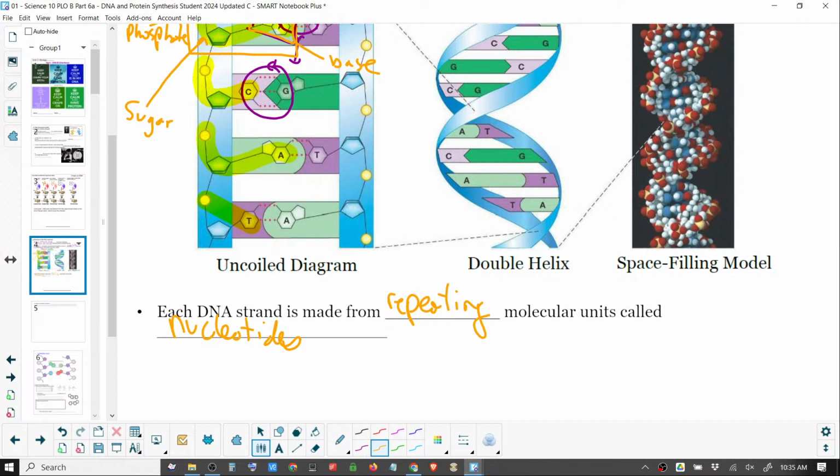The sugar's the same, the phosphate's the same, the base changes. That's the area in which you have the genetic code. The order in which the A, T, C, G occurs tells us what protein we're going to make. So this is it uncoiled.